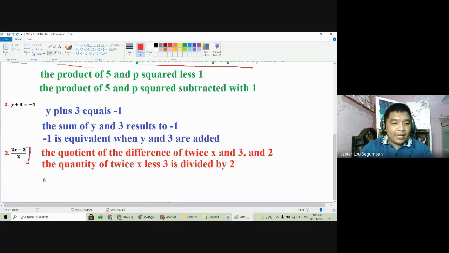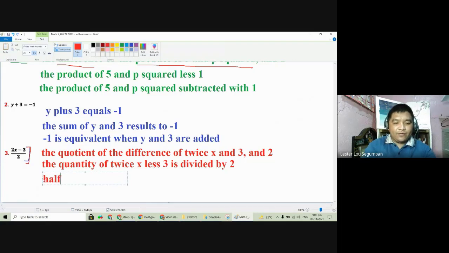Or if you don't like that, you could also say it like this: half as the notation for division by 2. Because when you have division by 2, that means you're having half of whatever expression you have. Half of the quantity of twice x less 3.